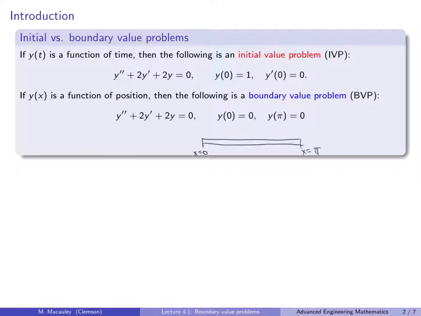So again, in an initial value problem, we specify all of the derivatives. This is a second order, but for an nth order, we have to specify the 0 up to n minus 1th derivatives, whatever value they take, at t equals 0. That's the key. It doesn't have to be 0, but all of the inputs have to be the same. For a boundary value problem, we don't have to specify the values.